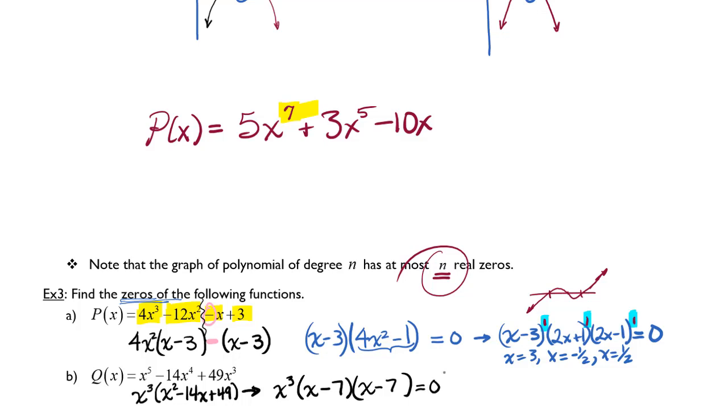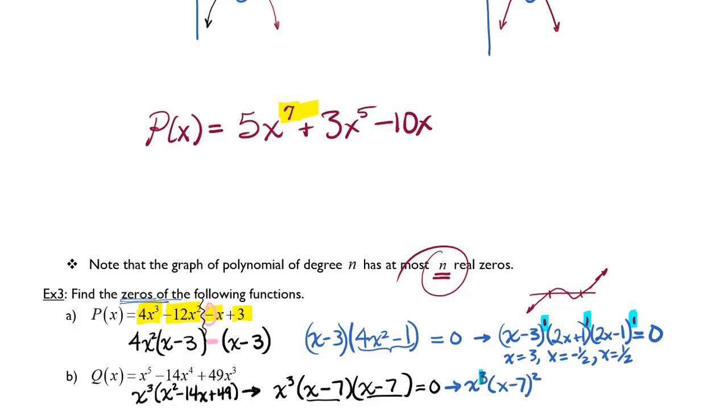I am setting this equal to 0 because I want to find the zeros of the polynomial. Notice that the x minus 7 and x minus 7 are identical, so I can write that as a grouped binomial statement, and I will have x to the 3rd times x minus 7 to the 2nd.